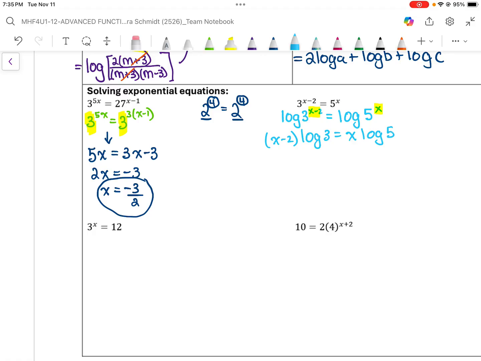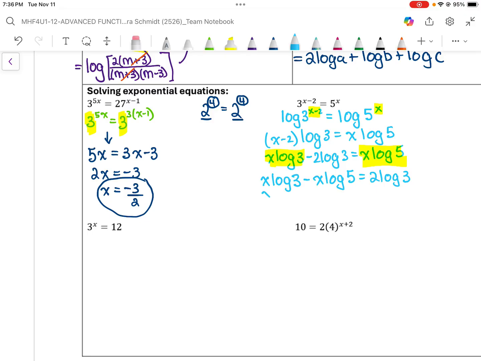Now this x minus 2 log 3, I can distribute. I can make it x times log 3 minus 2 times log 3 equals x log 5. Now I want to get all of my x terms on one side. So I'm going to say x log 3 minus x log 5 is equal to, and I'm going to move my negative 2 log 3 over to make it positive 2 log 3.